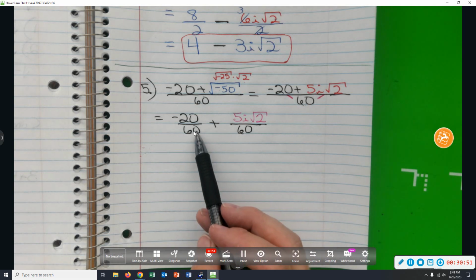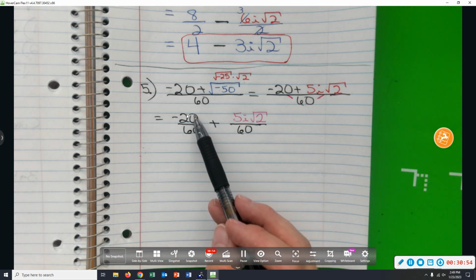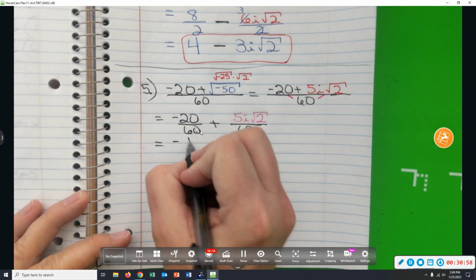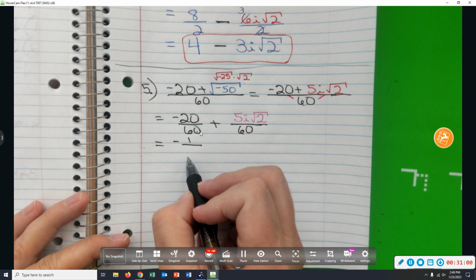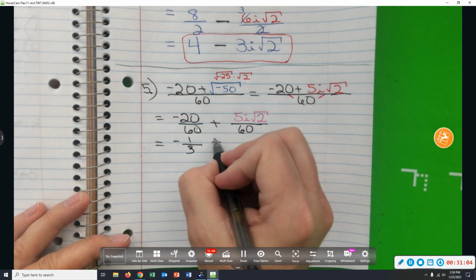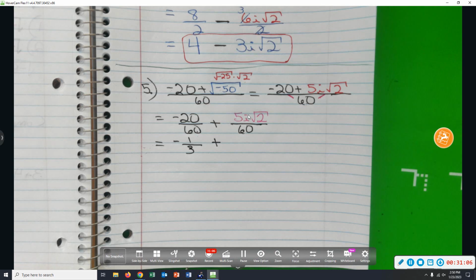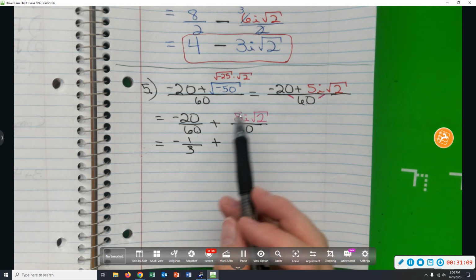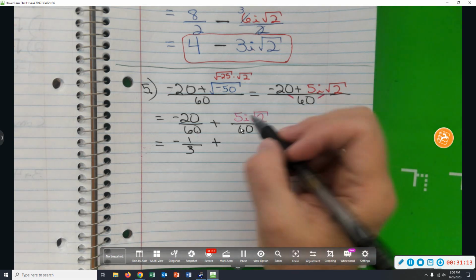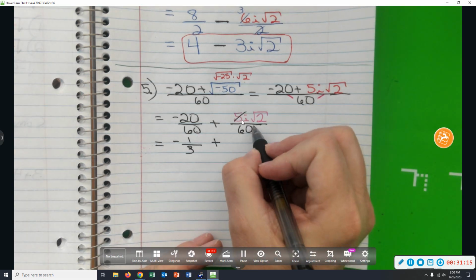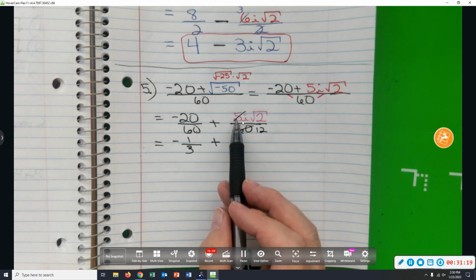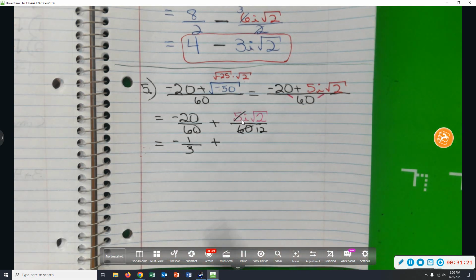Negative 20 divided by 60. We can cancel a 20 above and below. 20 divided by 20 is 1, and 60 divided by 20 is 3. So we have negative 1/3 plus, what can we cancel here? 5 will go into 60 12 times. 60 divided by 5 is 12.